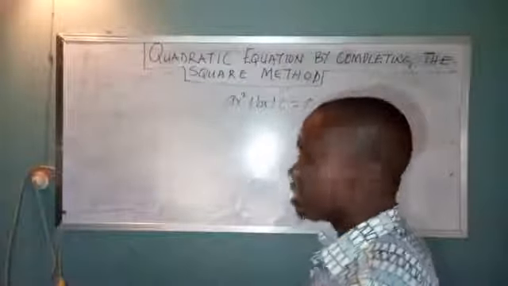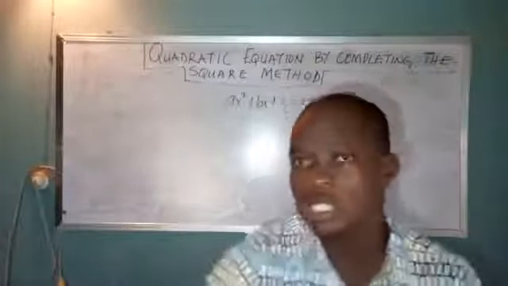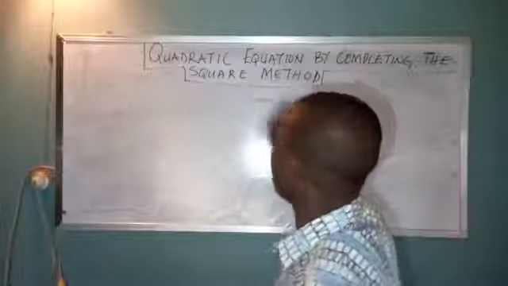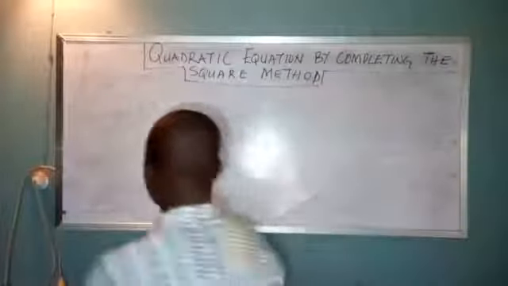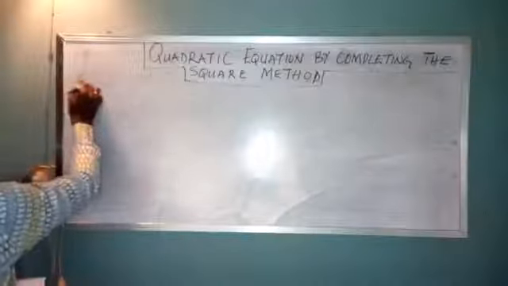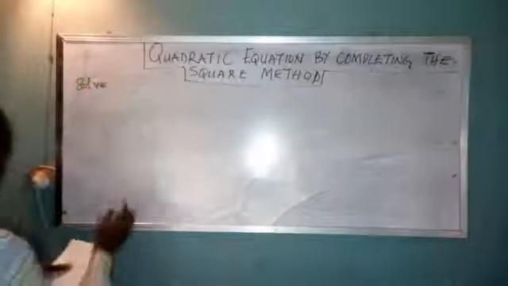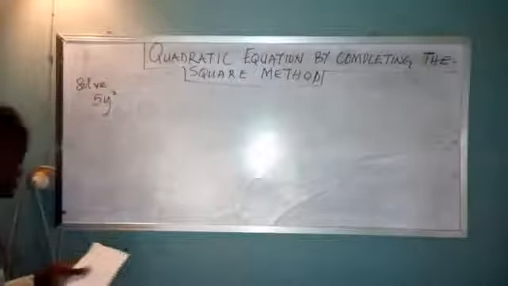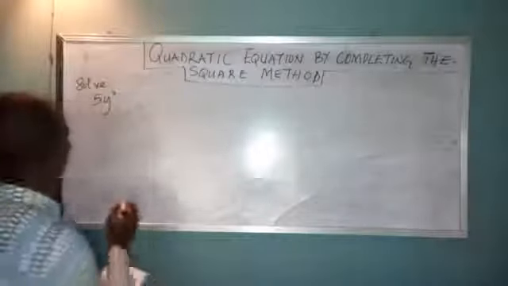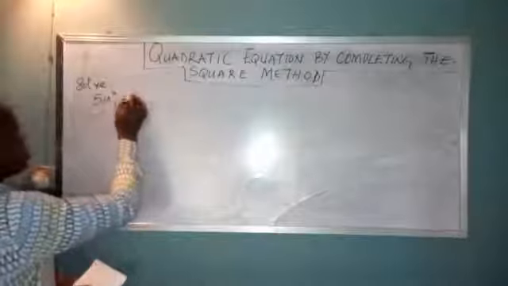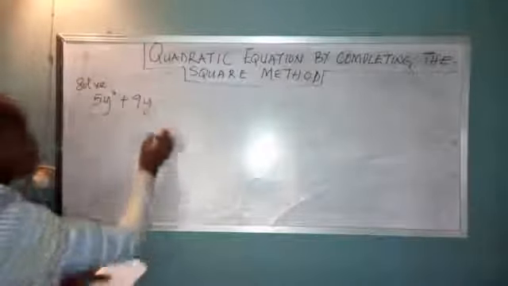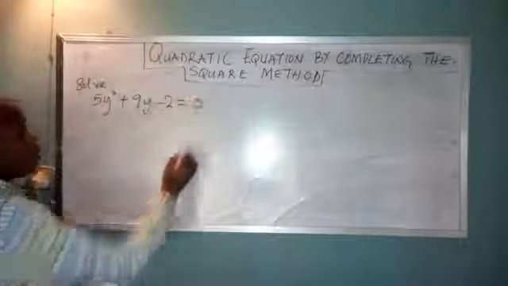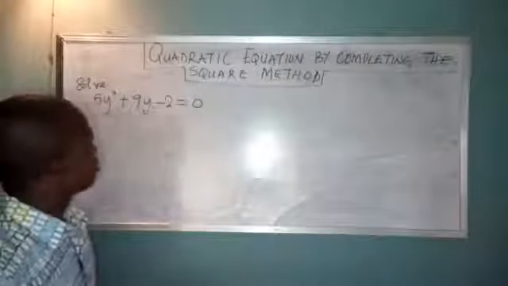So now, let's say you are given this question: solve 5y squared plus 9y minus 2 equals 0.